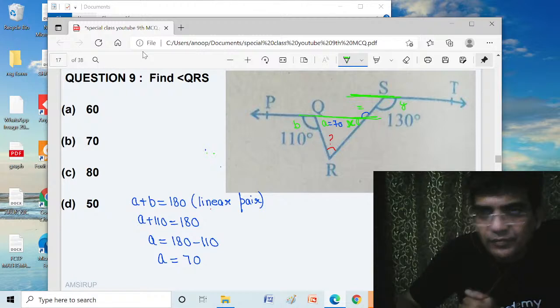So I can say that X is equal to Y, and the reason you will get is alternate angles.